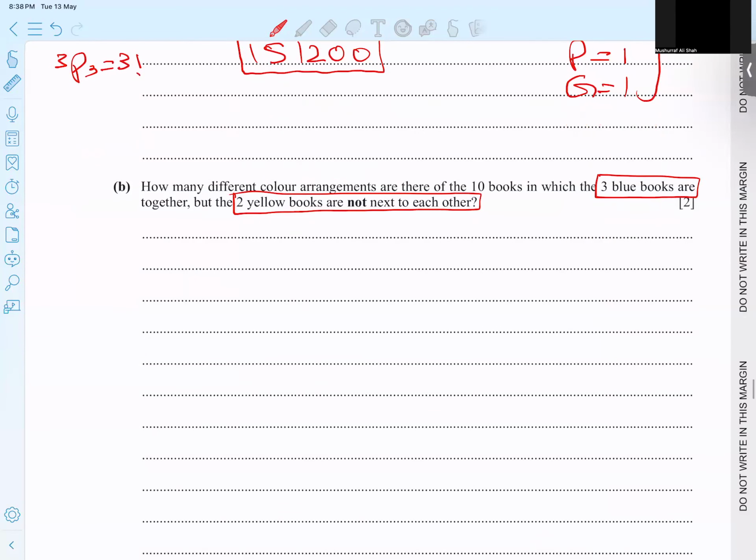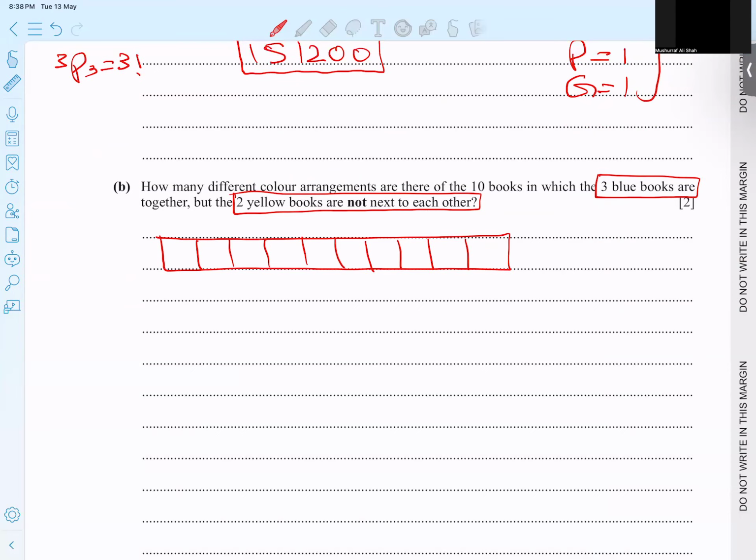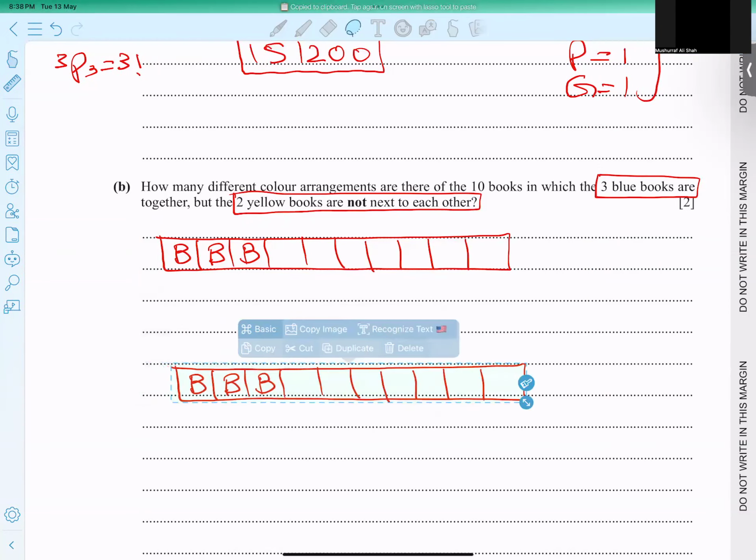Let's do this planning. 10 books: 1, 2, 3, 4, 5, 6, 7, 8, 9 lines will make 10. Let's see how I can make it. He said the 3 blue books are together. Blue, blue, blue. I make this planning, copy and paste.